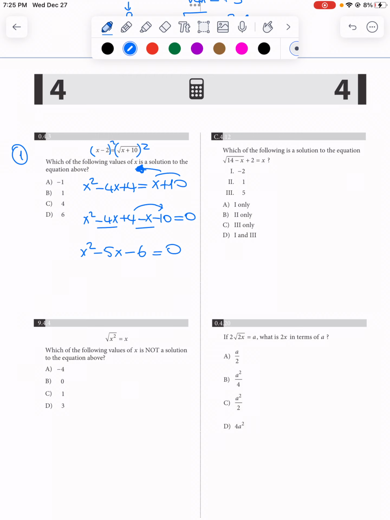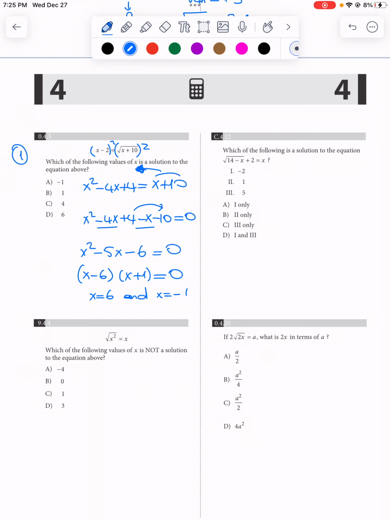Once you factorize it, it'll be (x minus 6) times (x plus 1) is equal to 0. And that will be two possible solutions, which are x is equal to 6 and x is equal to negative 1.